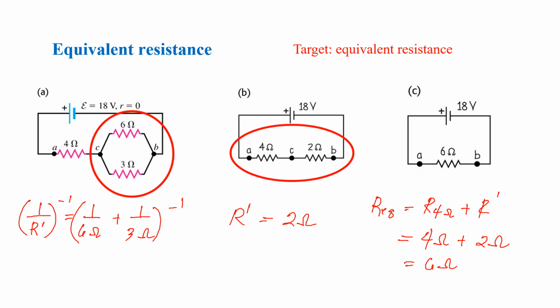So you're left with one resistor in your network, with an R equivalent of 6 ohms. This is the equivalent resistance for the 3 resistors in your network.